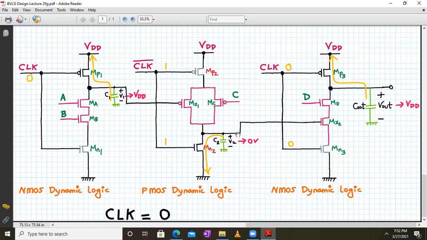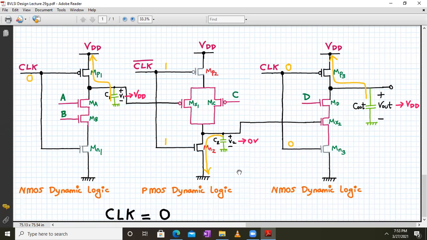Now this V2 is 0 volt, applied as the input to MX2. So MX2 transistor will be off. It doesn't matter because the clock is 0, so it doesn't matter what the inputs are. My MP3 transistor will be on and it will pull the output voltage towards VDD. So in this scenario, my first stage output is VDD and my third stage output is VDD.